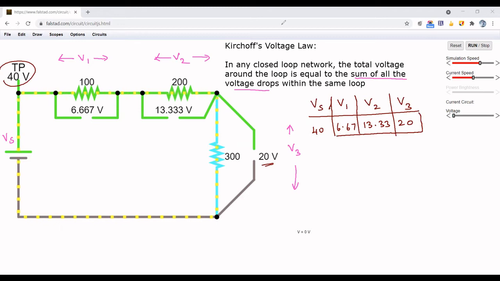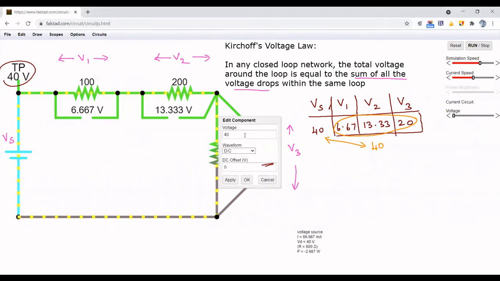Let us add these three values. When we are adding all these three values together, it is 40. That is, it is equal to the supply voltage. Let me now vary the value of voltage and check if it holds good for other values of voltages also. So now I'm making it 50.